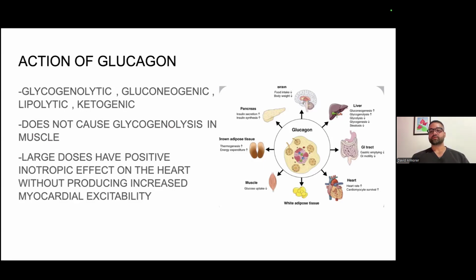In the liver, increased gluconeogenesis, increased glycogenolysis, as well as breakdown of all the substrates which can be stored within the body. The GI tract, it decreases gastric emptying and decreases GI motility. The heart, it increases the heart rate and increases cardiomyocyte survival, as well as in white adipose tissue, it releases ketone bodies into the blood circulation.